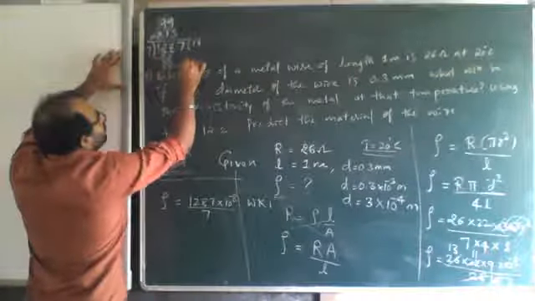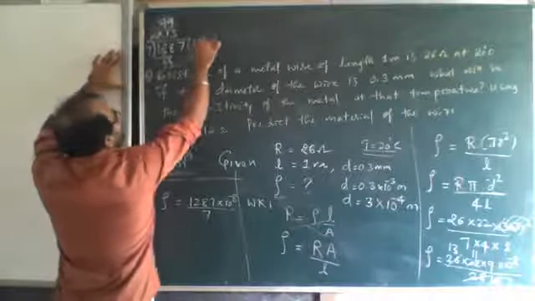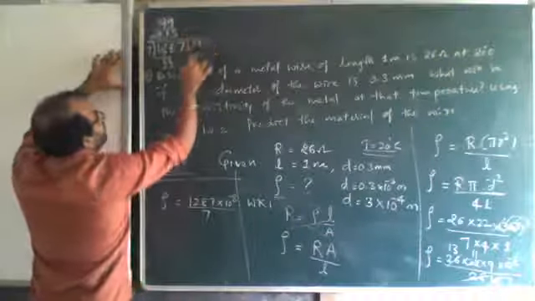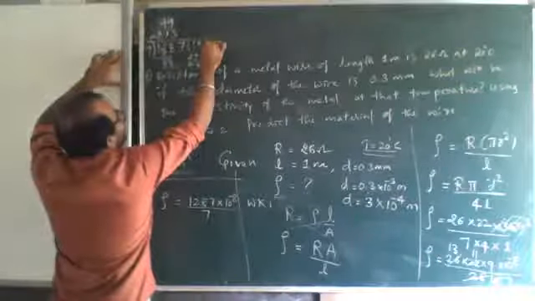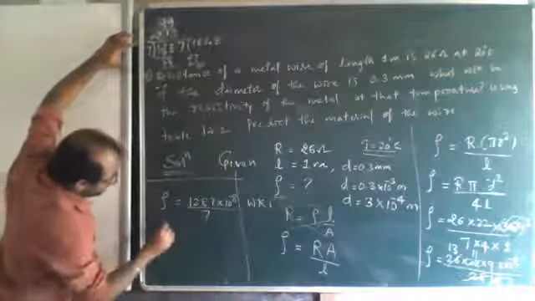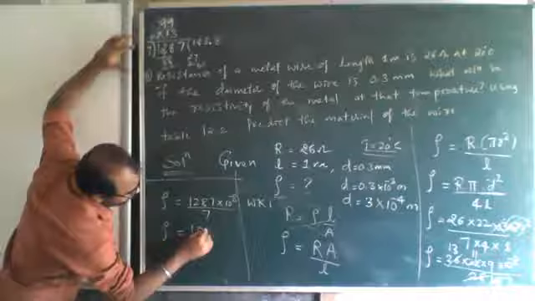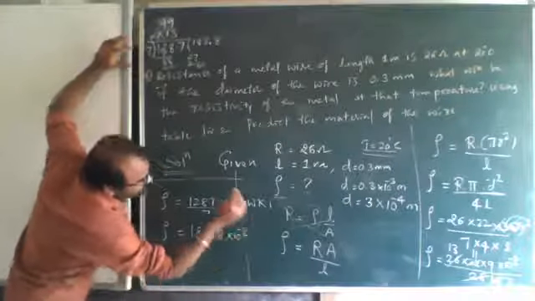So I will get 2 here. 2 is remaining, 27. Means 7 threes are 21. 6 will be there. If you take 0, 7 eights are 56. 183.8 I will get. 183.8 into 10 to the power minus 8.